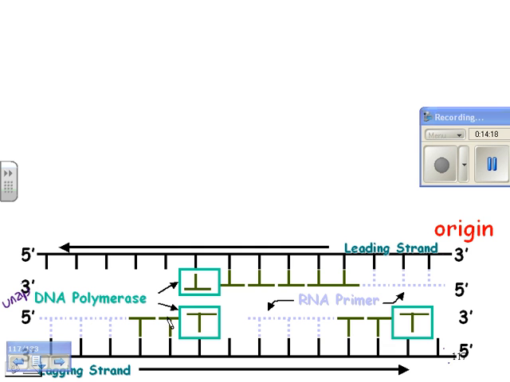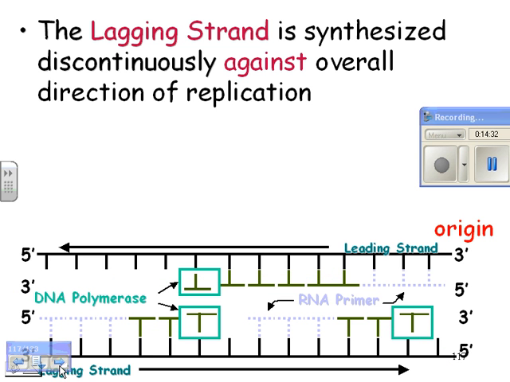It has to wait till there's nothing here, add the primer, and then start adding them in this direction. So this one can get built this way. This one has to be built in little sections backwards. How crazy is that? That's called the lagging strand, so that's this one. So the lagging strand is synthesized, or made, discontinuously backwards against the overall direction of replication.